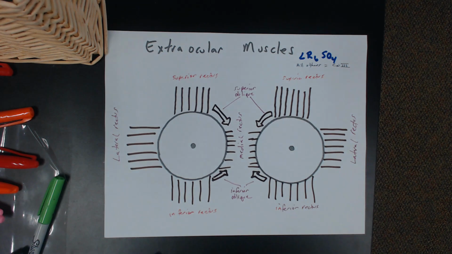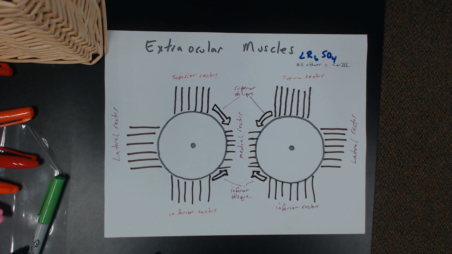LR6 stands for lateral rectus, which is cranial nerve number 6. And SO4 stands for superior oblique, that is innervated by cranial nerve number 4, or the trochlear. So if you can remember LR6, SO4, that's all you need to know. The others are all innervated by cranial nerve number 3.